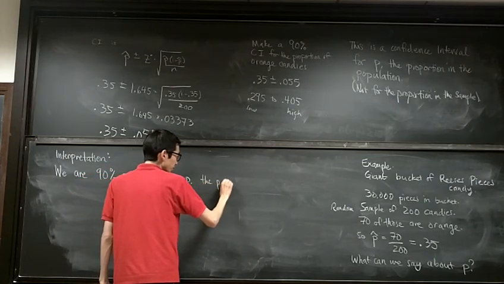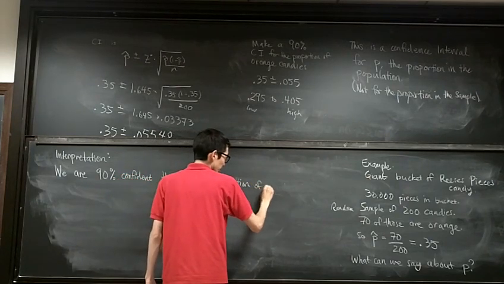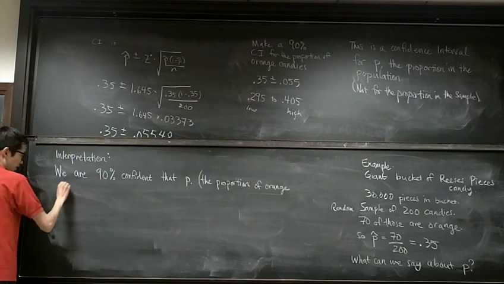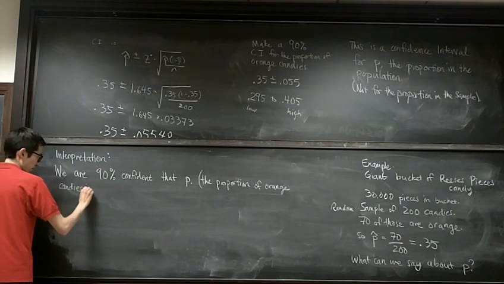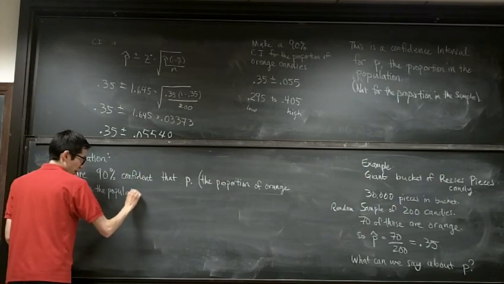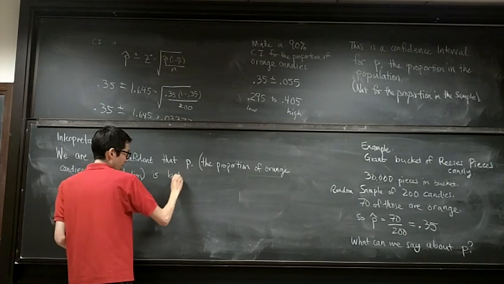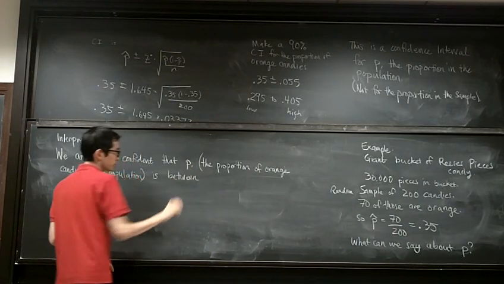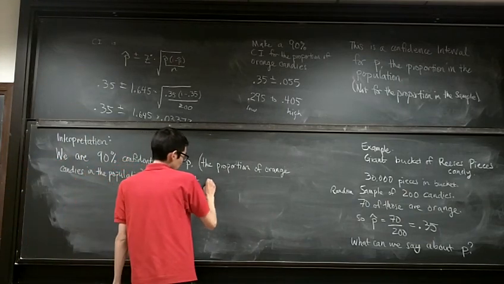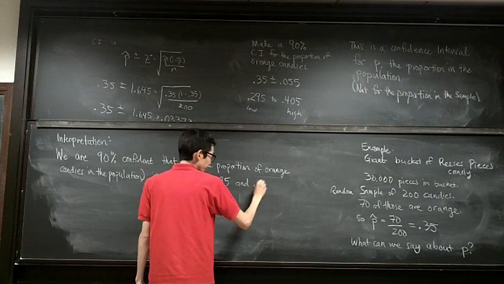The proportion of the population. Yeah, the proportion of orange candies in the population is between 0.295 and 0.405.